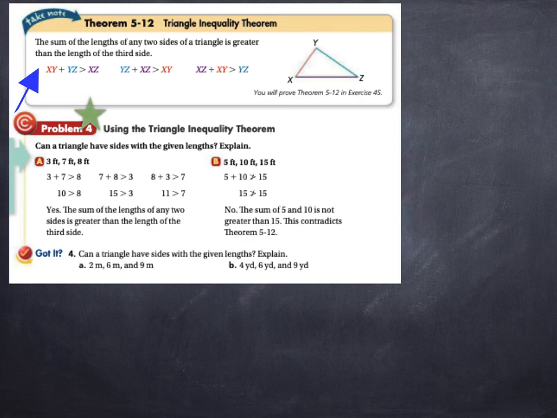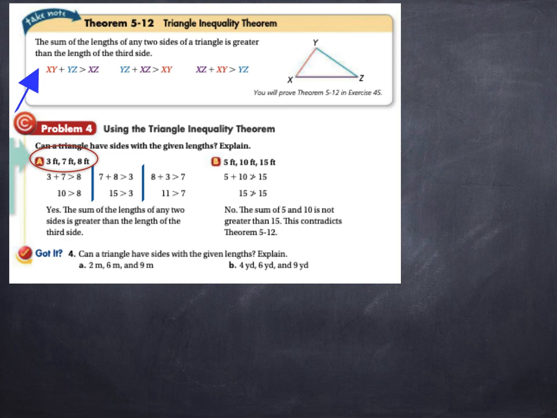So let's have problem 4. Can a triangle have sides with a given length? Explain. Okay, so the first question is a triangle with the sides 3 feet, 7 feet, and 8 feet. So let's apply the triangle inequality theorem. 3 plus 7 is greater than 8. 10 is greater than 8, so it is true. The second pair of sides, 7 plus 8 is greater than 3.